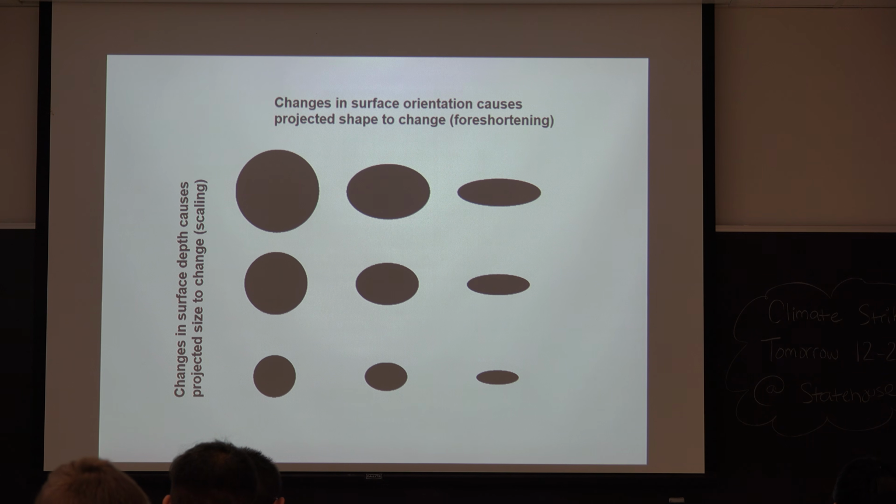They're largely independent of one another, not completely so, but largely. Foreshortening is mostly affected by orientation and scaling is mostly affected by distance.